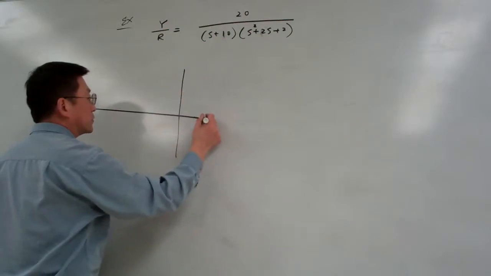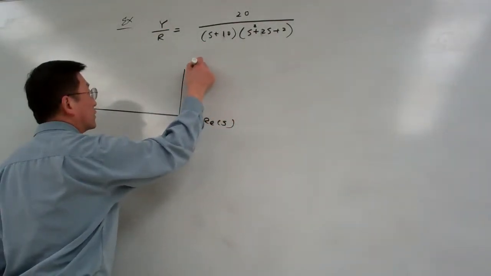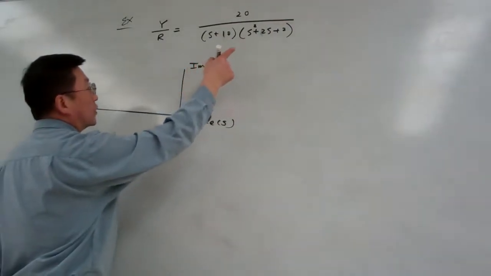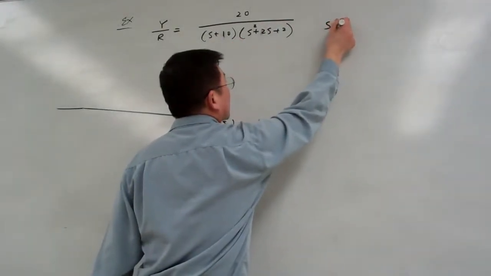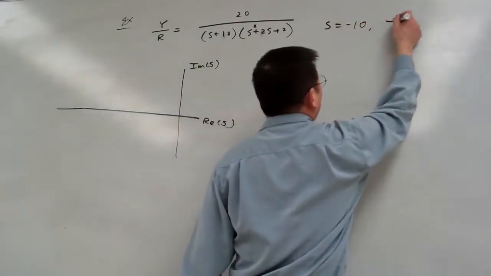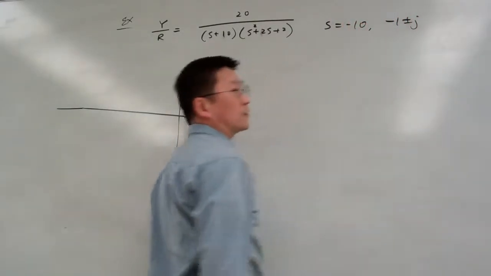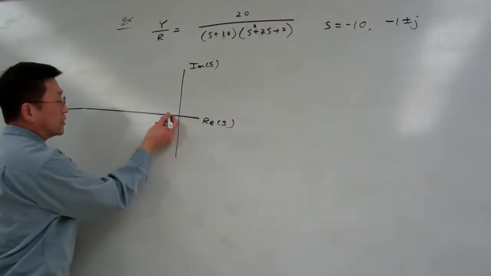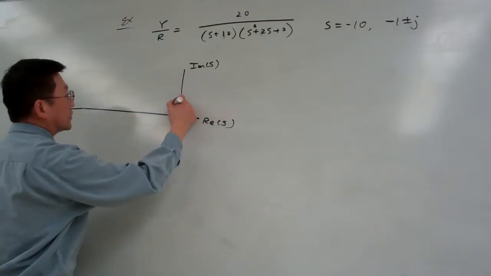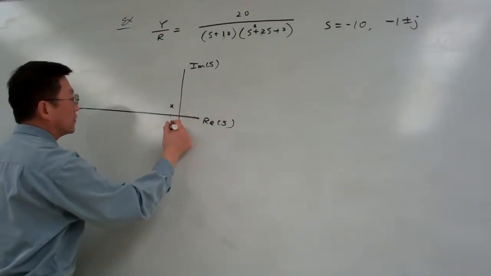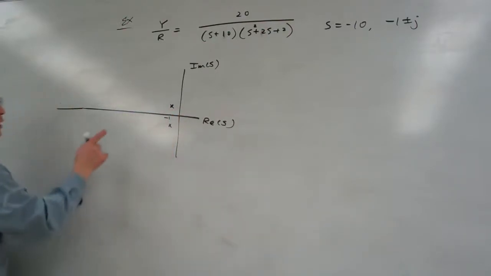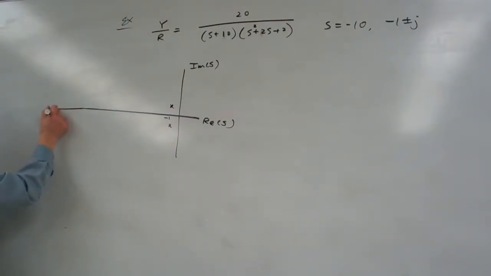These are real s and imaginary s, and we have conjugate poles at -1 plus and minus j. Okay, we have 3 poles here. So let me label the poles exactly. This is -1 here, and the other one is located at -10.